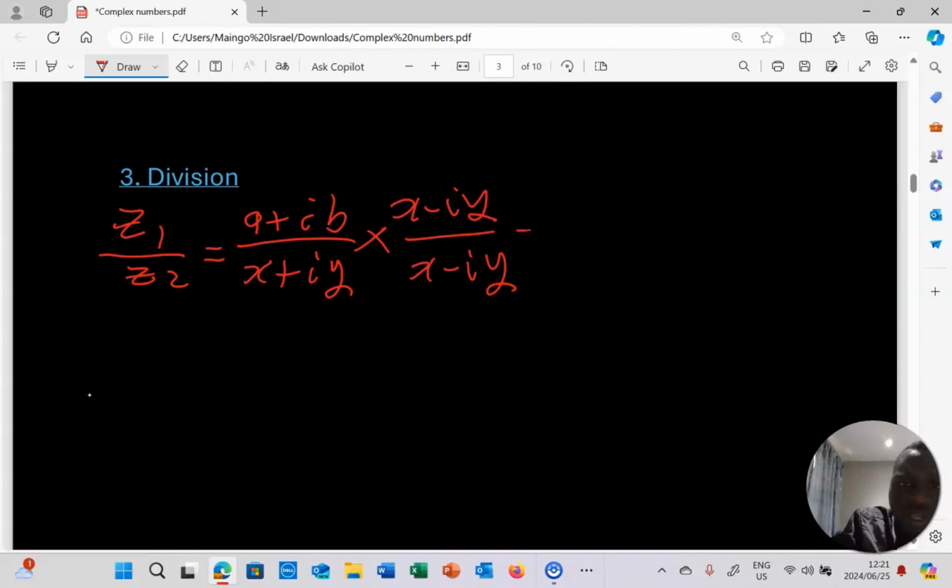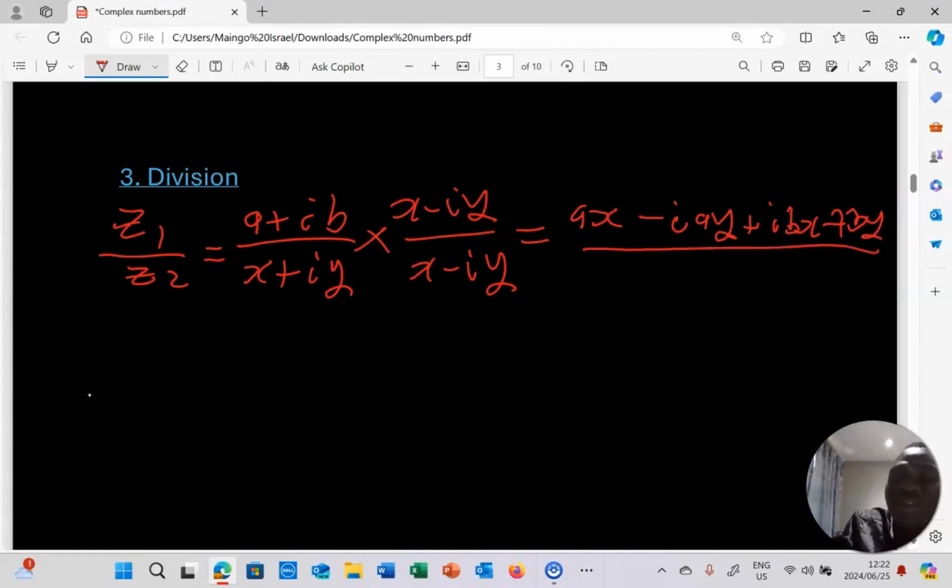So this will be equal to, when we multiply them, we have AX, then minus iAY, then plus iBX, then minus, because i and i is i squared, it becomes plus BY, all divided by, this one is like the difference between two squares.